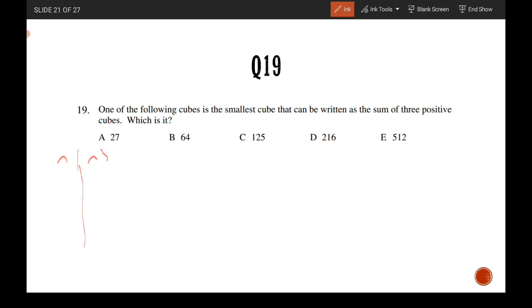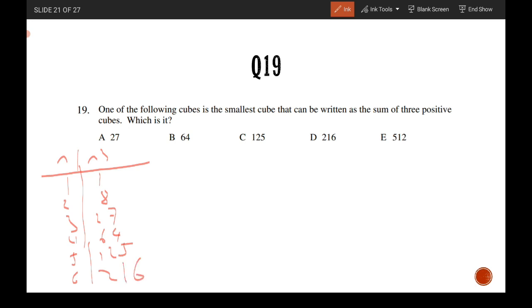This is JMC 2015, question 19. One of the following cubes is the smallest cube that can be written as the sum of 3 positive cubes. Which is it? I'm just going to write out the first few cubes. You'll see that some of them are already in the question.